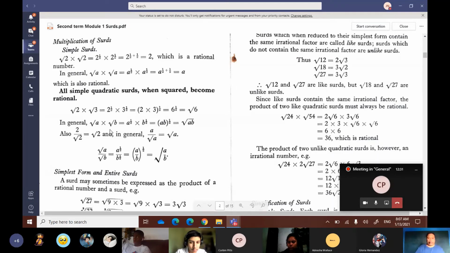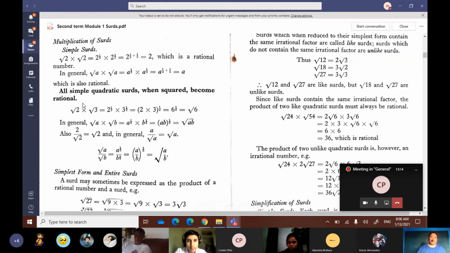So in general, if I have the square root of a times the square root of a, that's like saying a to the half times a to the half, which is a to the half plus a half, and under the laws of indices, half plus a half is 1. So it will equal a to the first, which is simply a, also a rational number. That means that the root of a number times itself will always give you the number without the square root. Just making sure you understand that.